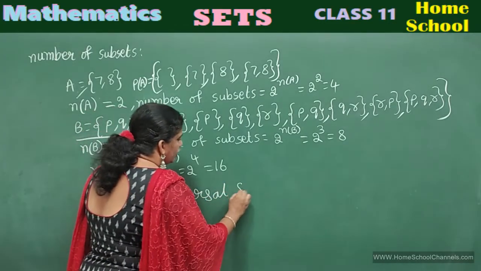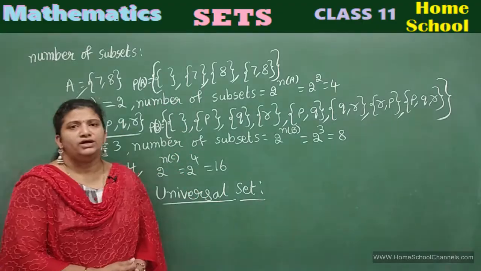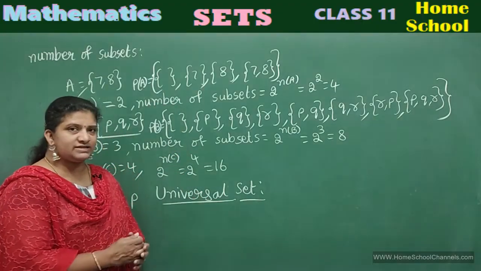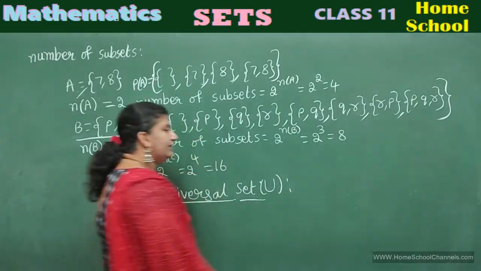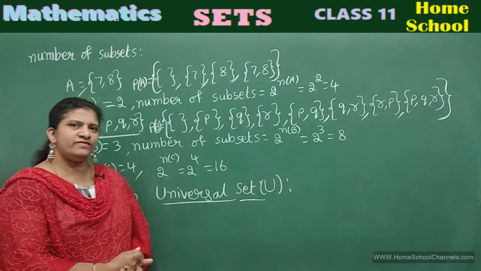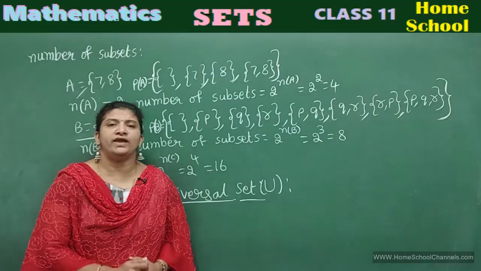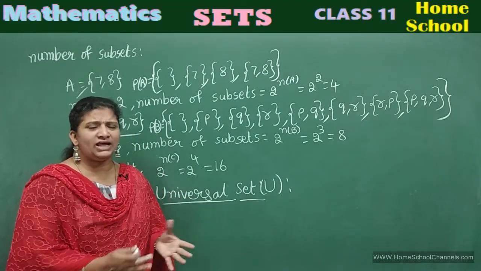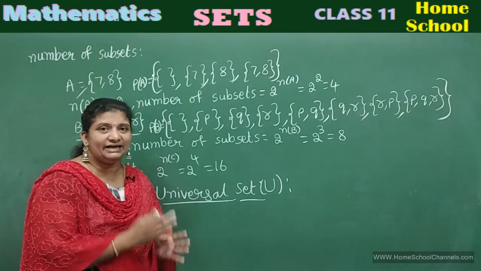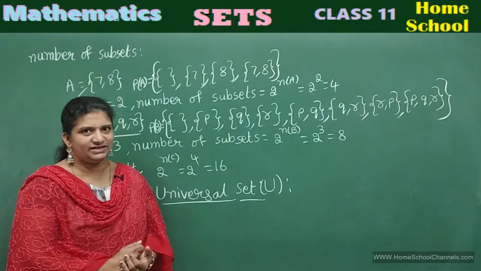Next, coming to universal set. What is universal set? Universal set is represented by capital U. In some problems we are going to deal with subsets and some elements, so combinedly all sets are contained in the universal set.